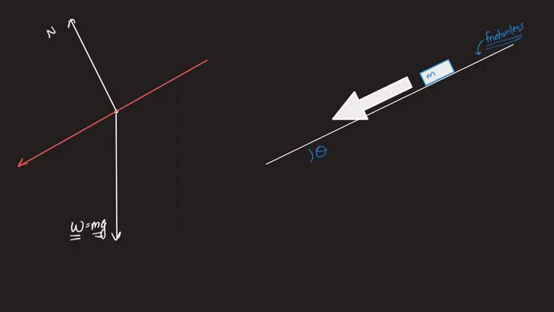Now, this brings up something important to me. This has become our x direction. So how big I drew the normal force isn't related directly to the weight. It's related to this much of the weight.